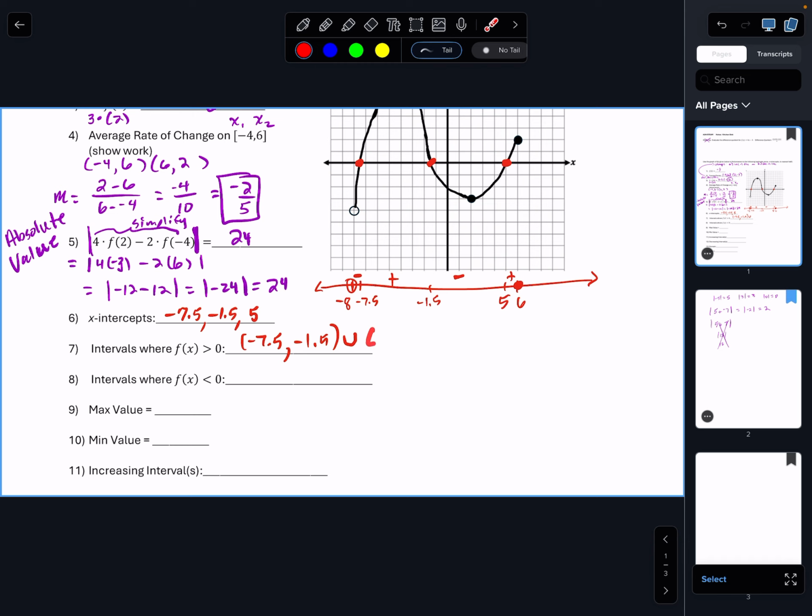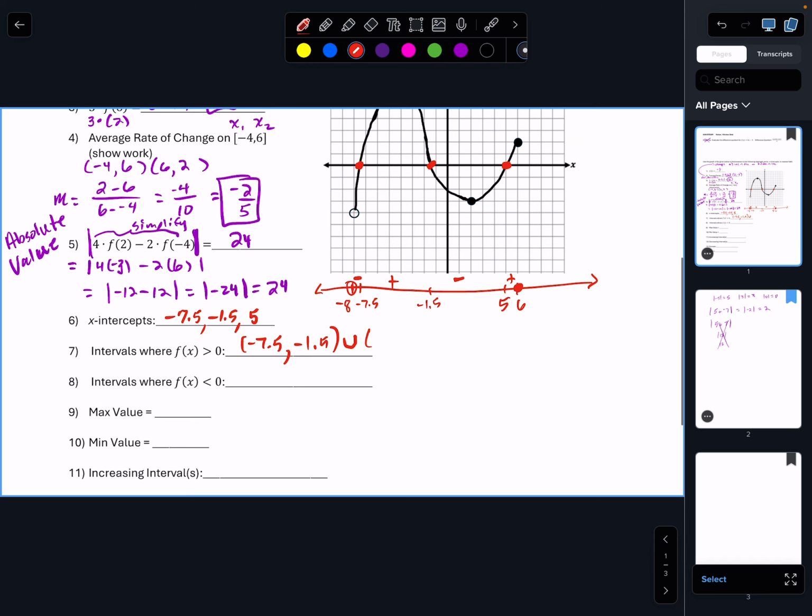So when we get to the next one, it starts at 5 and it goes to 6, but here is some new learning. When x is 6, is this function positive? Yes.